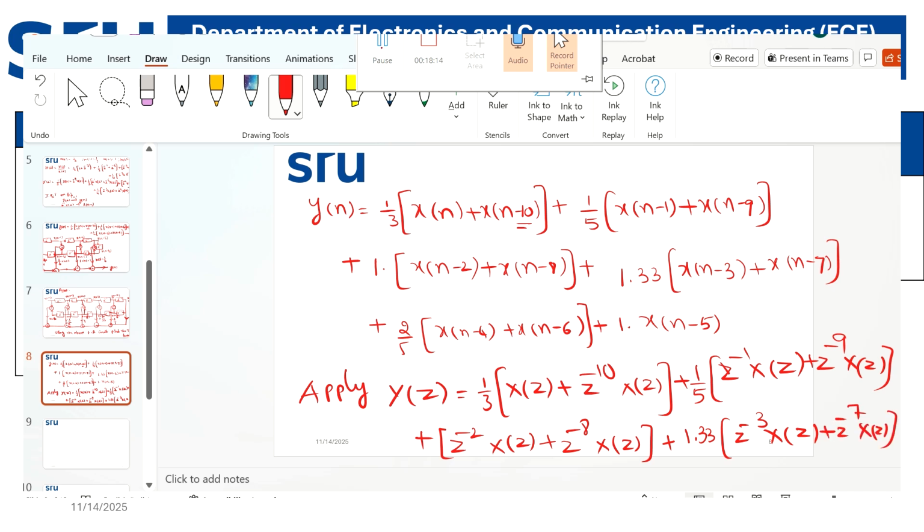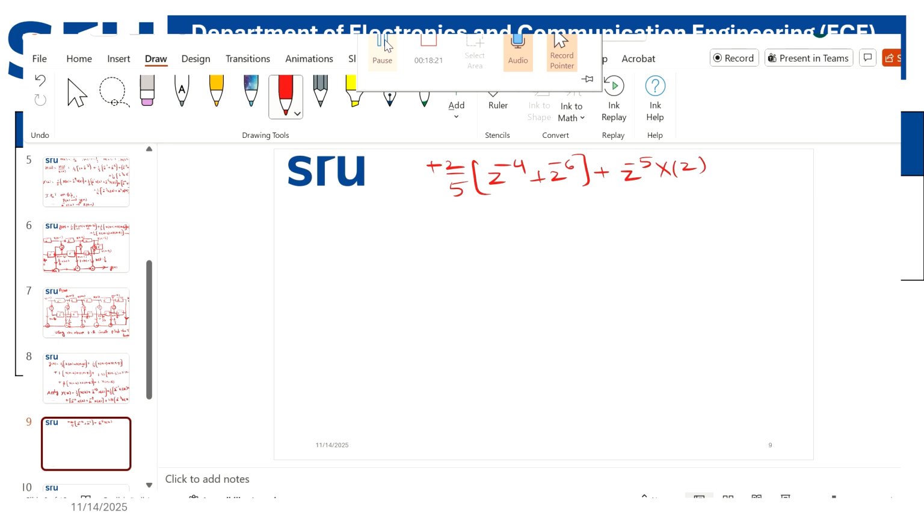And the last value is plus 2 by 5. Now this is the Z transformation. So here x of z is there.